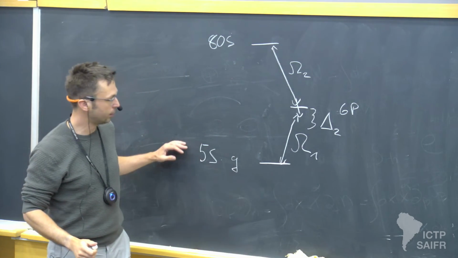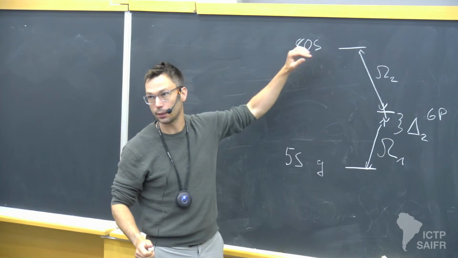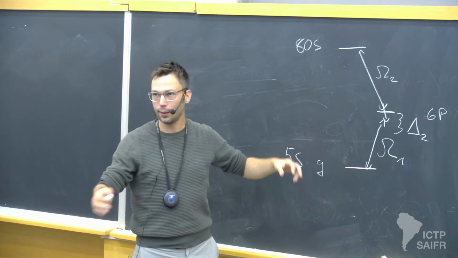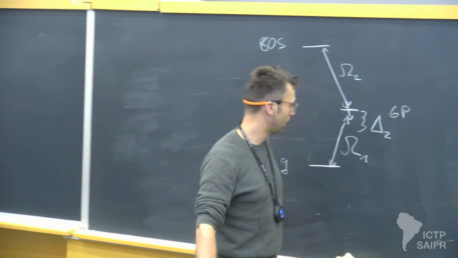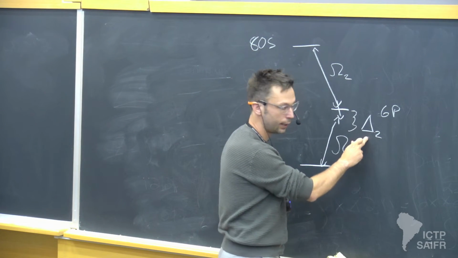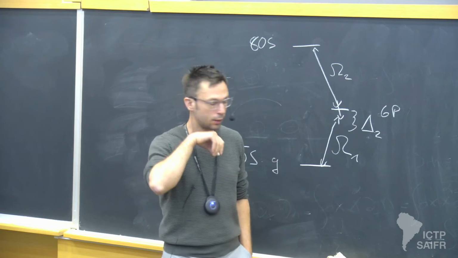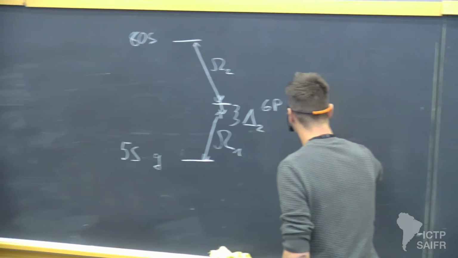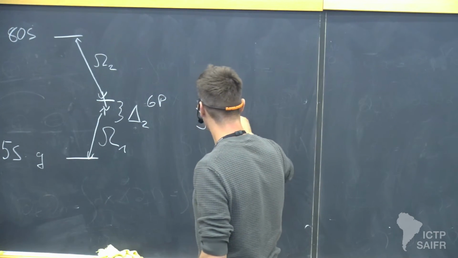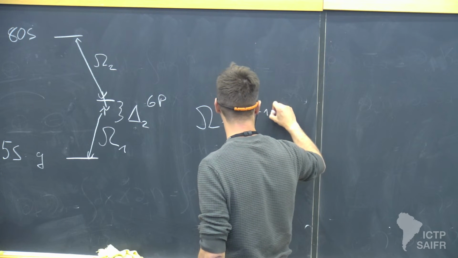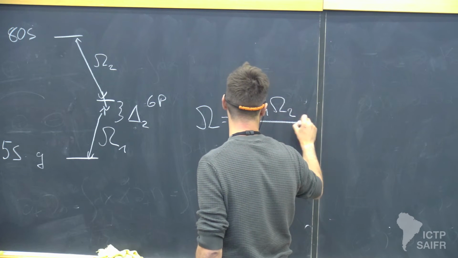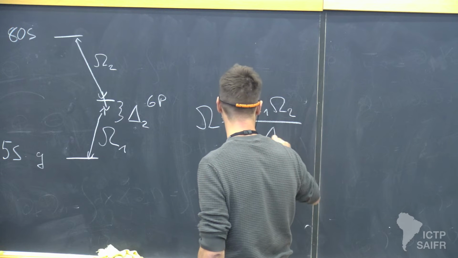So you're going from an S state to a P state to an S state. And the reason why I shoved this all under the rug is that when this delta is large, then you can get just a combined Rabi frequency that's omega 1 times omega 2 over this delta, the two-photon detuning.